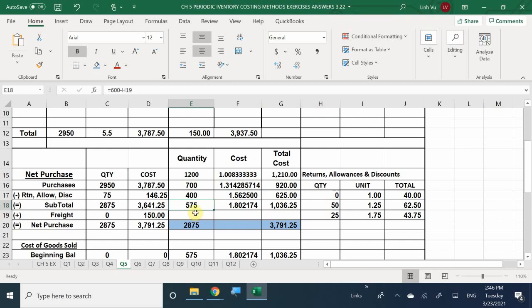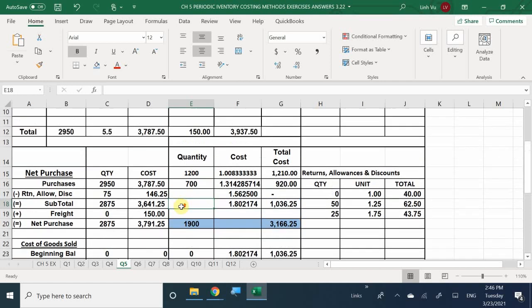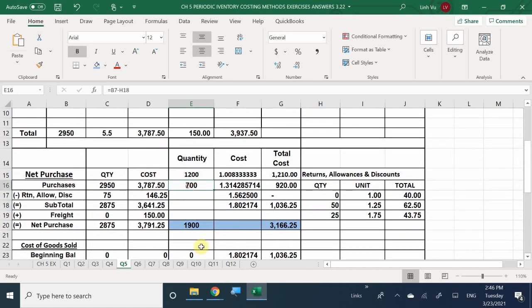I sold my 500 units. Boom, it's gone. Next batch I sold was 400. Boom, it's gone. But my third batch up here, I only sold 400. So 700 minus 400 is going to give me 300 left.